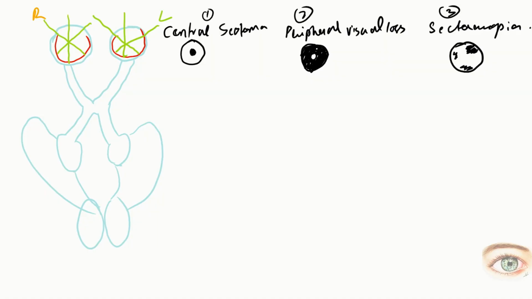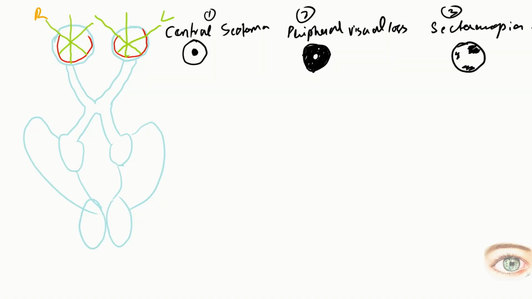And there can be multiple reasons. There can be a retinal detachment. Now the fibers, the axons from the ganglion cells, are going to make the optic nerve, right? So this portion over right here is the optic nerve, right?